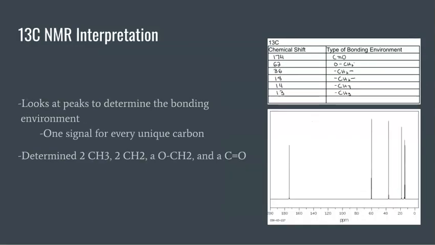In our next spectrum, we looked at the 13C spectrum, and this spectrum looks at the chemical shift values of the peaks. For every signal, there is a unique carbon that's being measured, and it's measured in parts per million.